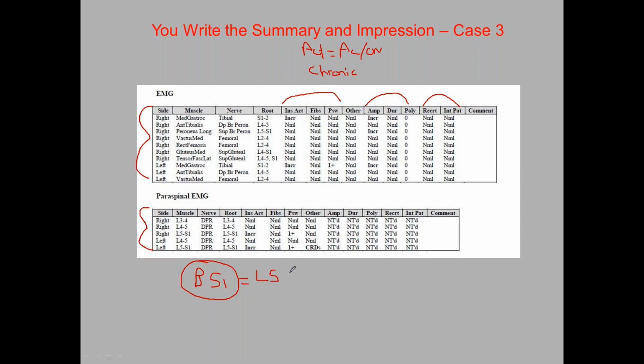Our nerve conduction studies are all normal. Our EMG summary is that there are multiple muscles sharing the S1 distribution that show evidence of ongoing denervation. Everything else is normal. And my impression is evidence suggests what? Ongoing bilateral lumbosacral (S1) radiculopathy or nerve root compromise, or however you choose to say S1 nerve root problem.